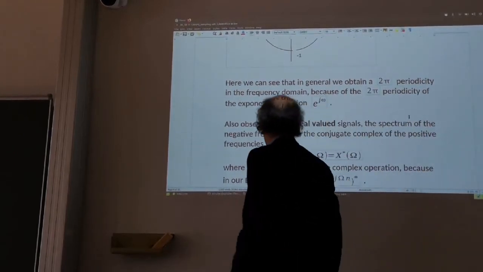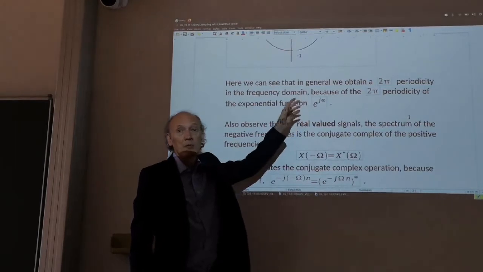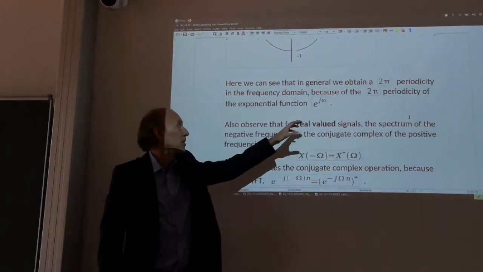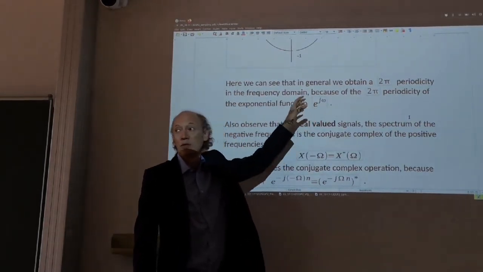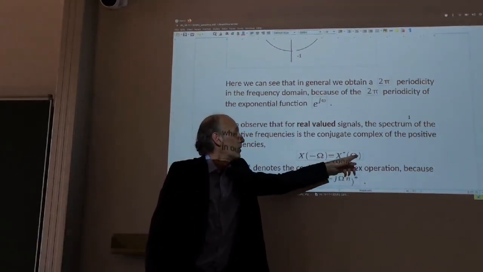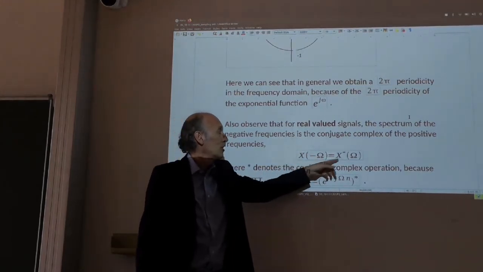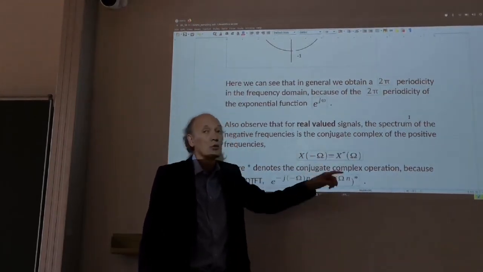Because the spectrum consists of sums of exponentials in this form, you can extend it to the sum, which means for the negative frequencies, the spectrum is obtained from the positive conjugate complex.